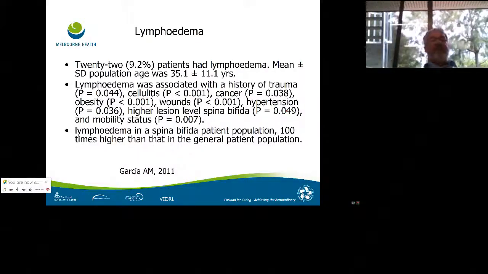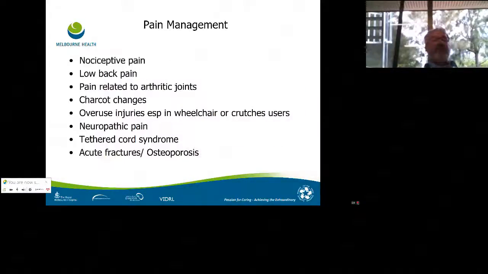Pain management is a significant issue. Nociceptive pain can be low back pain, pain related to arthritic or Charcot joints, overuse injuries, especially in wheelchair users or crutch users, which basically means most of the people. There can be a component of neuropathic pain also in this group.